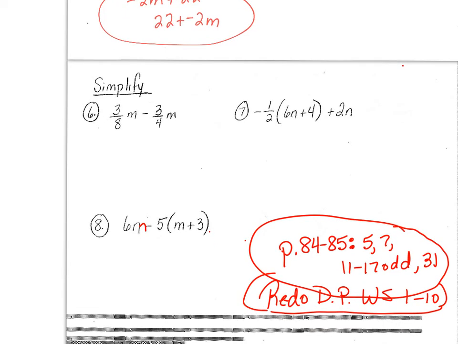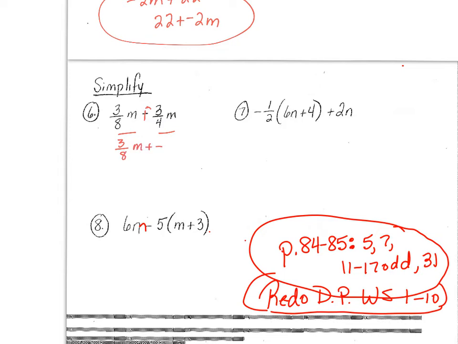Number 6, I'm going to keep change opposite. And it's okay, it's a fraction. Now notice this only has 2 terms. There's no parentheses. And they both have m's. So these are like terms. So what I need to do is have a common denominator between 4 and 8, and that would be 8. So I'm going to keep this one 3/8 m.